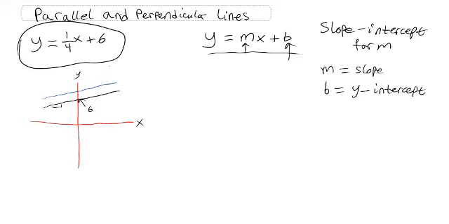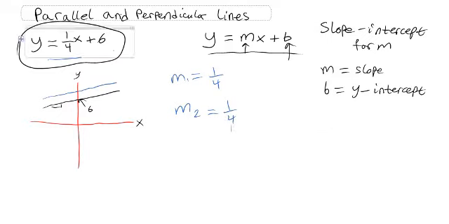Now, how do you find an equation of a line that is parallel to this line right here? Well, all it means simply is that they will have the same slope. That's it. The slope in this one is 1/4. The slope in the new line will also be 1/4. Doesn't matter what the y-intercept is.